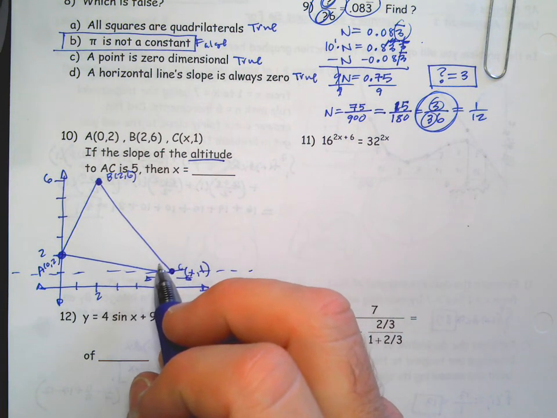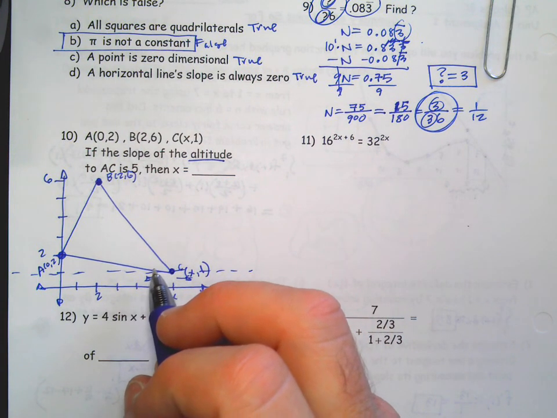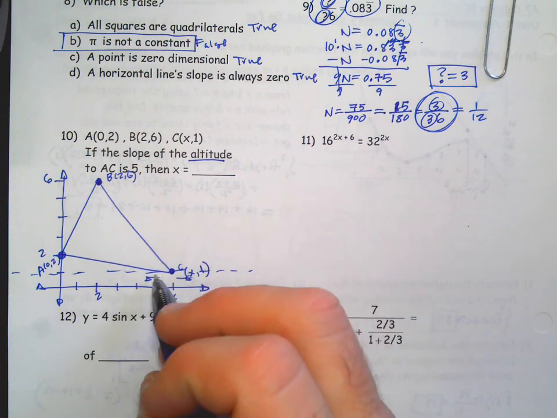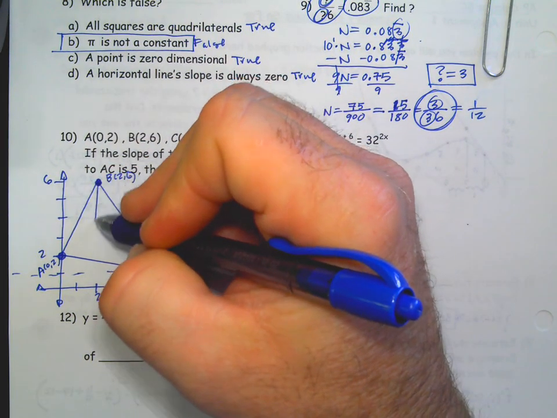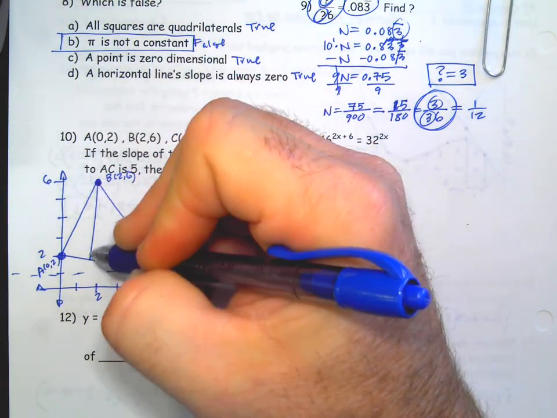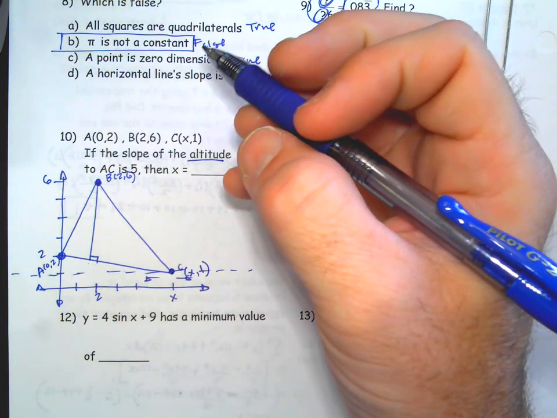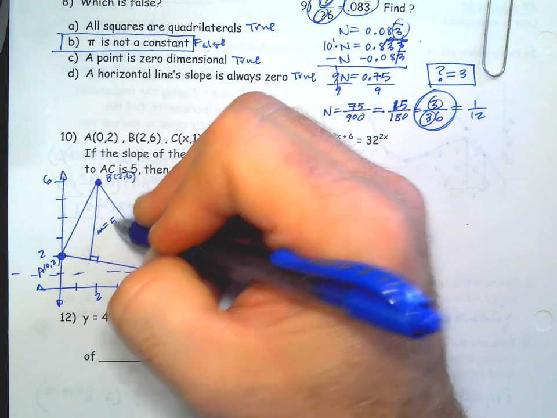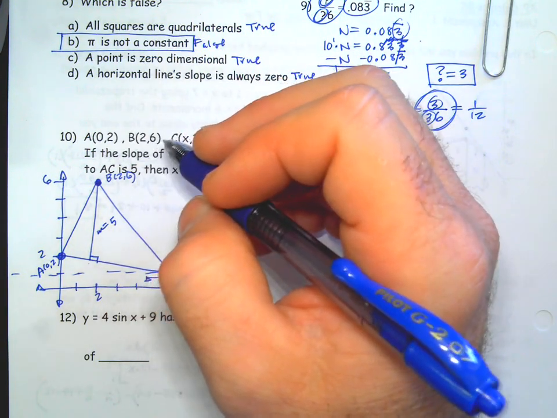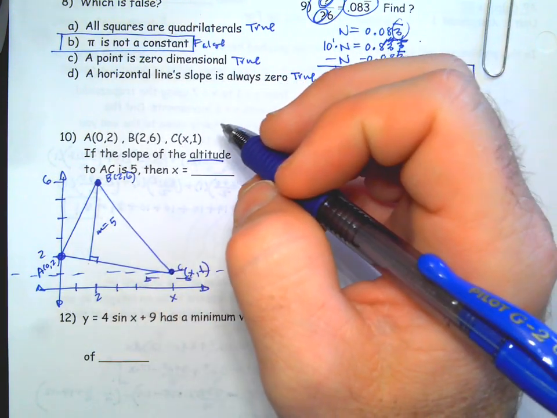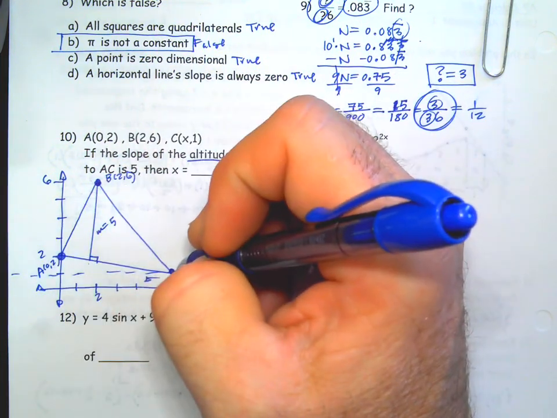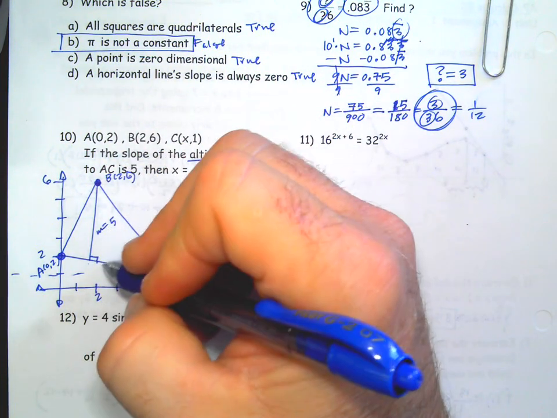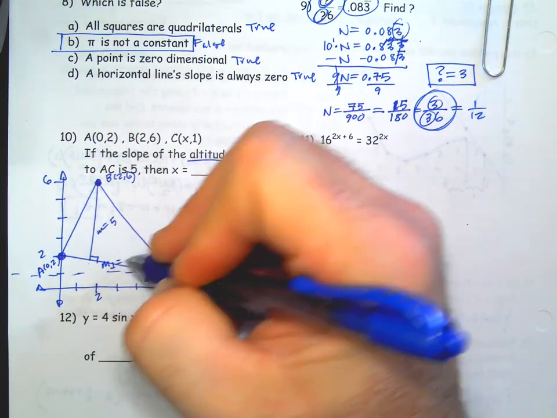Now it says the slope of the altitude to AC, so that would be this line. The slope of the altitude to AC is 5. So the slope of this line is 5. Then what's the value of X? Well, if this is 5, then this is perpendicular to that, and it's negative 1/5.